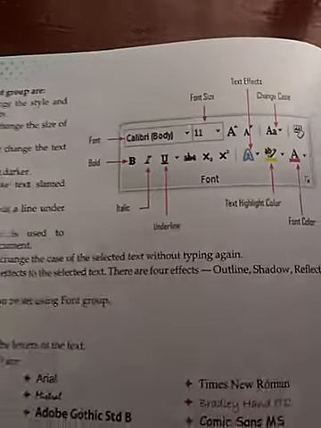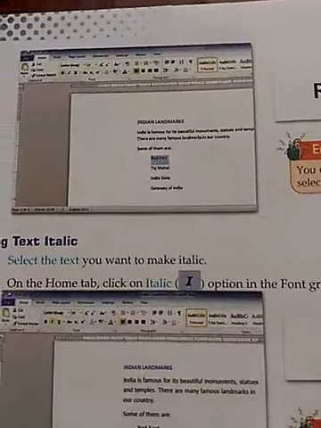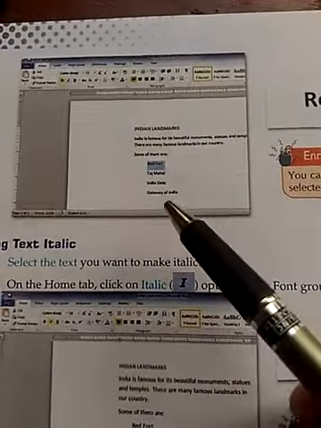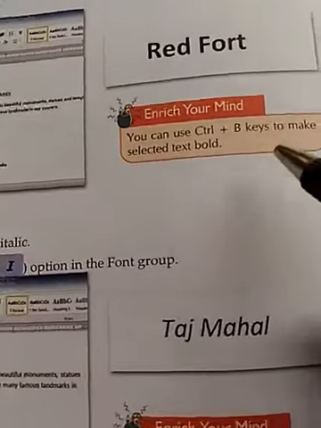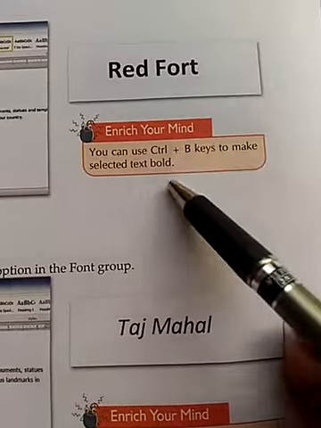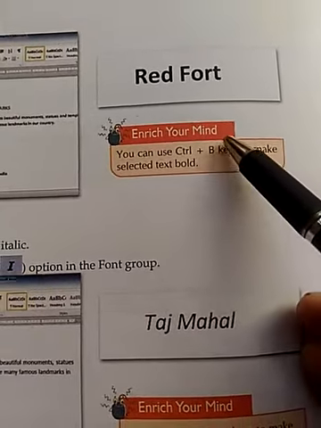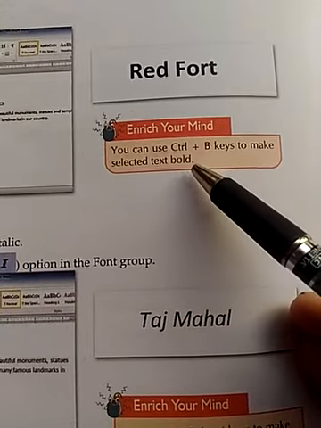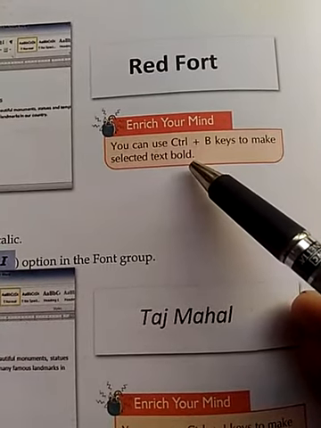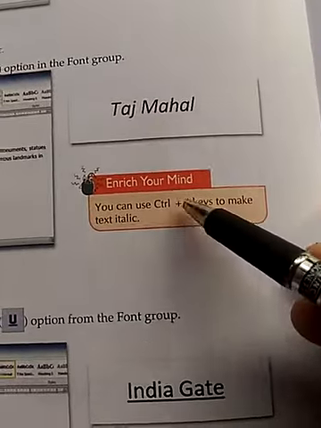So if you want to make the text bold, then just select the text, and after that click the bold option. It will make the text bold. The shortcut key for the bold is Ctrl plus B. Remember that from the keyboard also you can make the text bold. In the same way, the shortcut key for the italic is Ctrl plus I, and the shortcut key for the underline is Ctrl plus U.